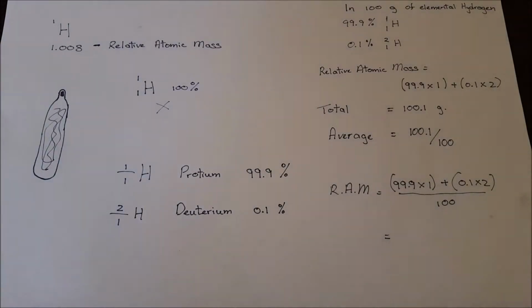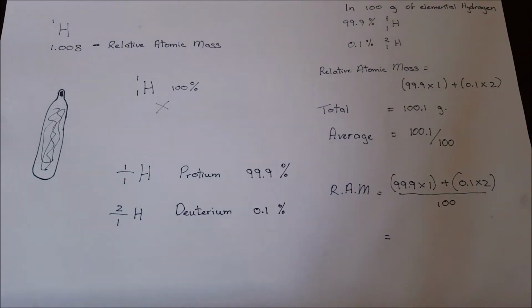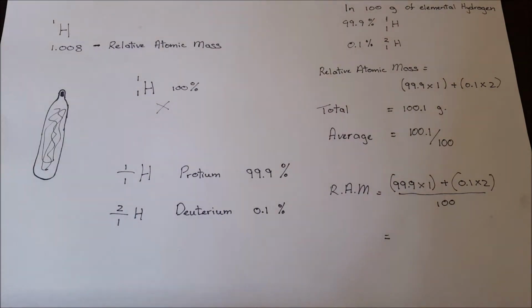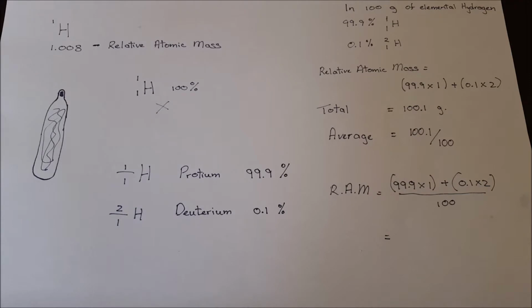Now, when calculating the relative atomic mass of any element, you have to consider the abundances of these different isotopes, or different atoms of the same element. Because remember, we said that they all contribute some mass to the overall mass. So we have to consider the abundance that they're actually in.